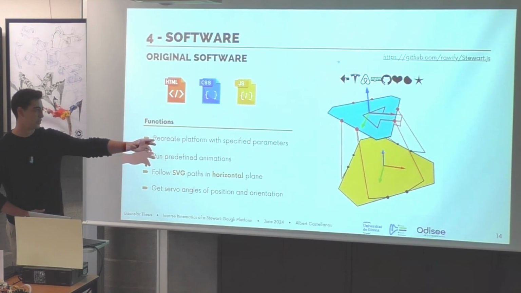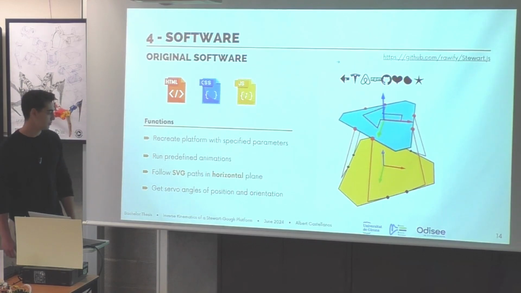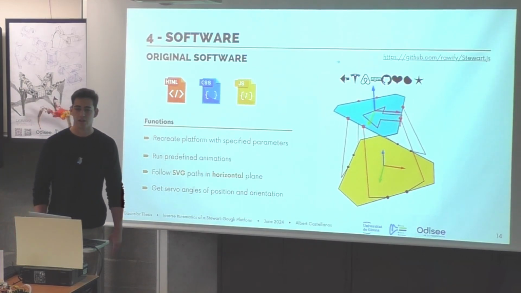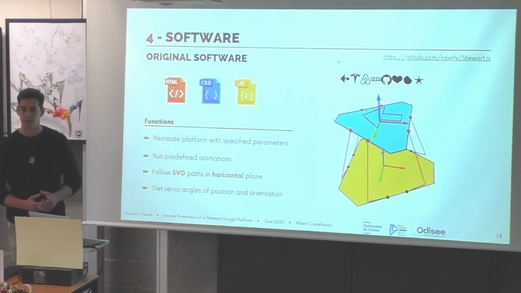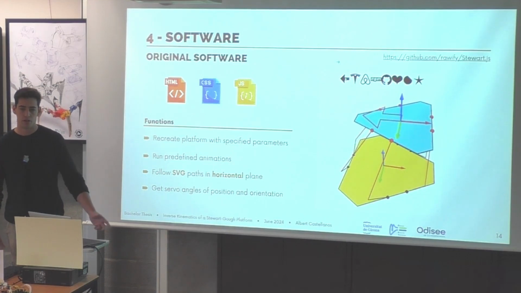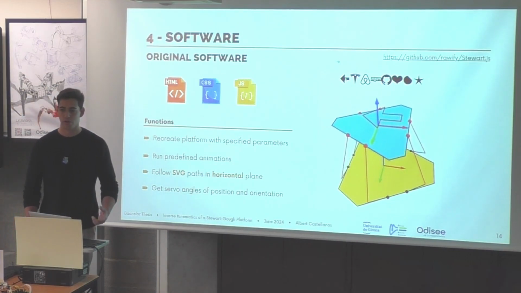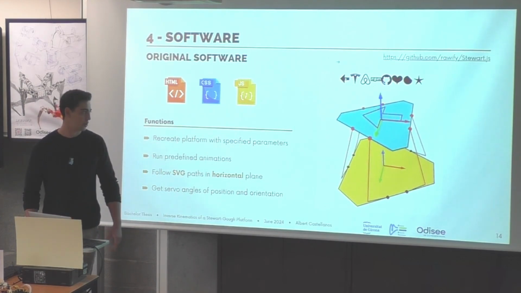And as you can see here in the video, it can follow SVG paths in the horizontal plane. Now, SVG images are composed of lines and shapes instead of pixels. And that means that we can resize them without losing any quality. So what the software allows users to do is to input their own SVGs and draw them like you can see here in the horizontal plane.